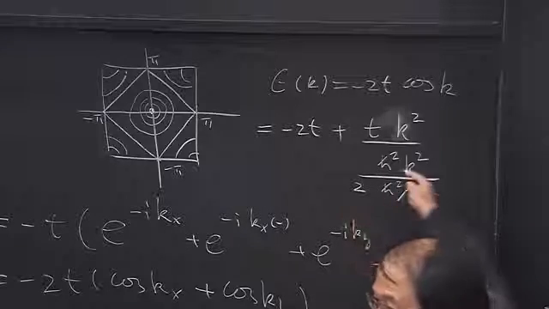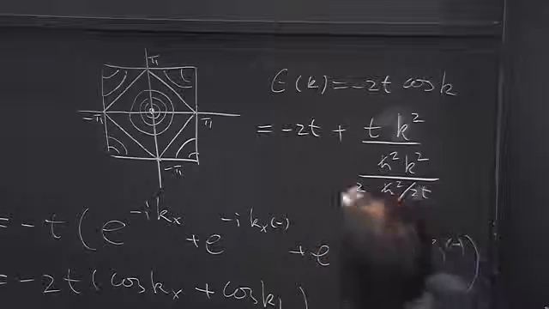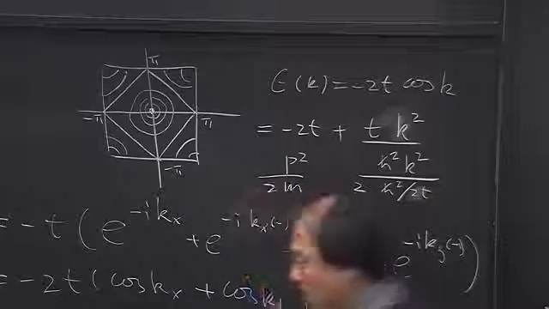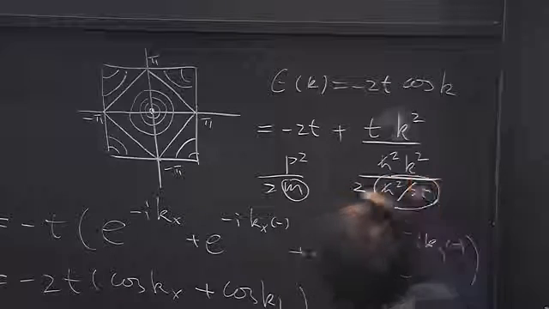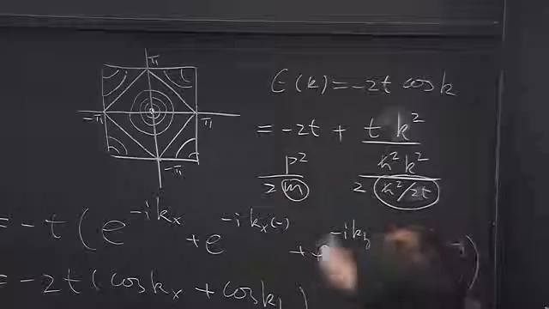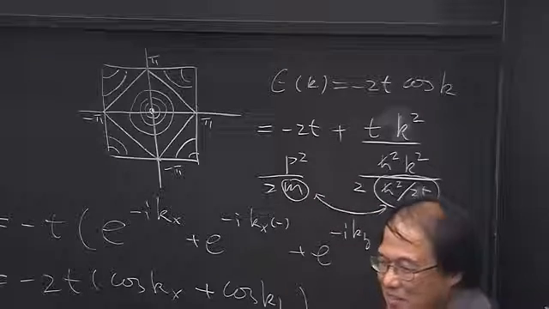Because ħk is a momentum, a p. So I write this in the form of p² over 2m, where m is this combination, ħ² over 2t. That's m.